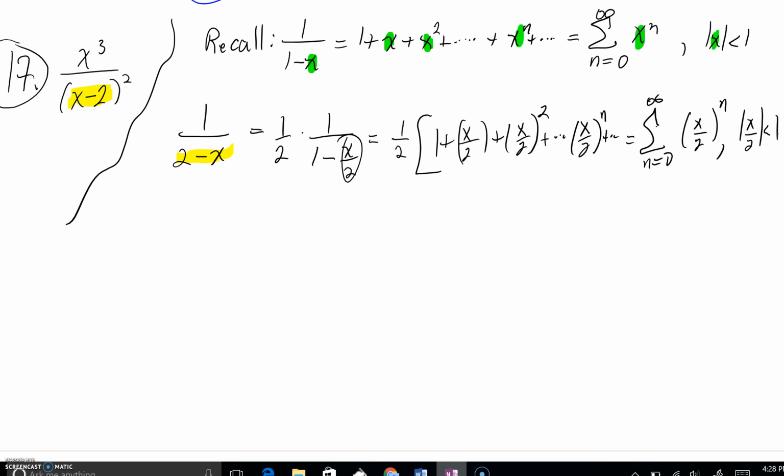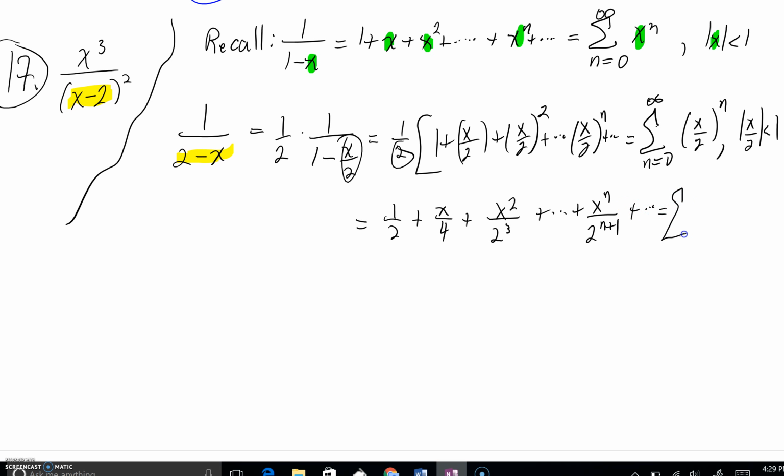And just cleaning this up a little bit, as we distribute a 1/2, we'd have 1/2 plus x all over 4, plus x squared over 4, but we're going to have another factor of 2 down below. That would be 2 to the third. Here, this x to the n, we have 2 to the n down below, but we're adding in another factor of 2 because of that 1/2.